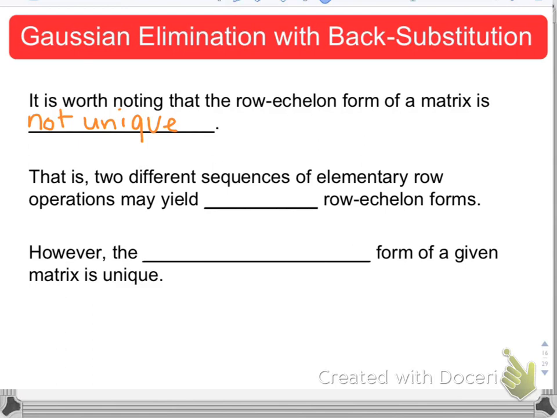Okay, so two different sequences of elementary row operations may yield different row echelon forms. However, the reduced row echelon form, RREF, is unique.